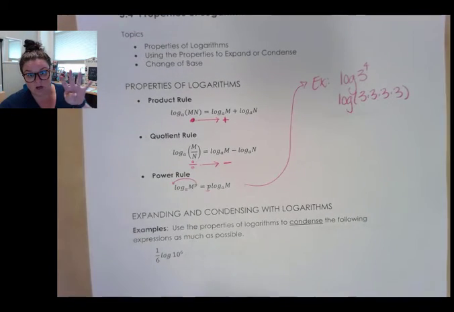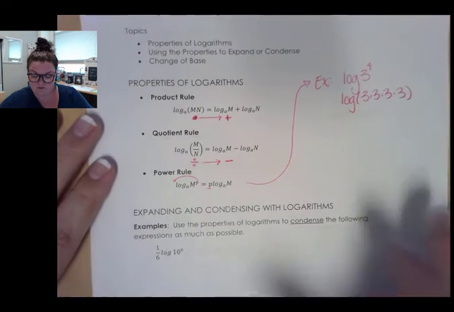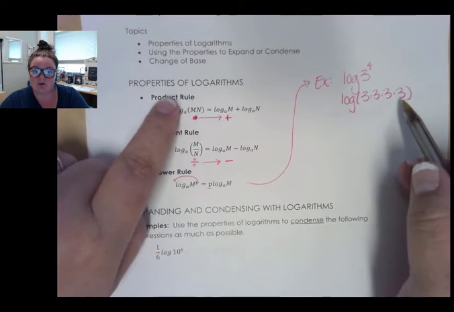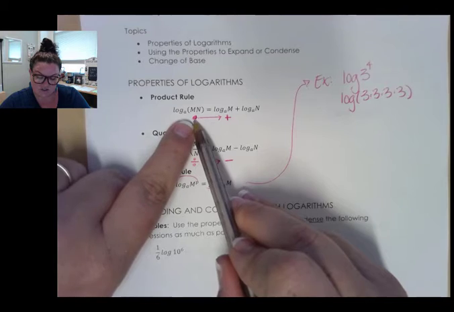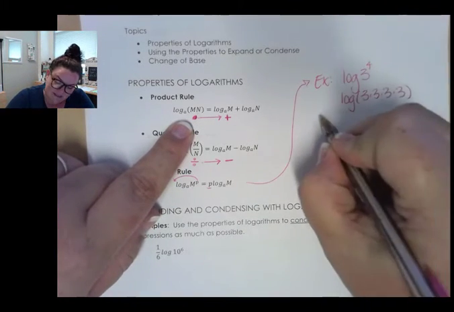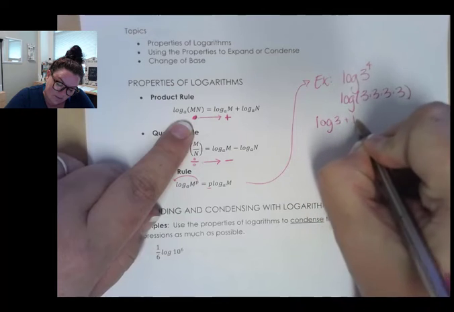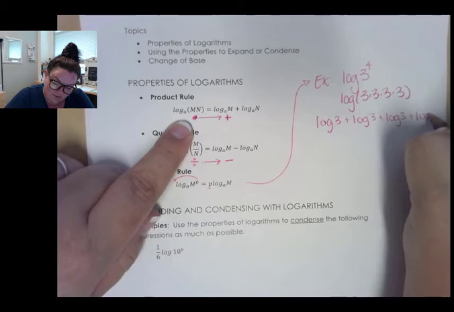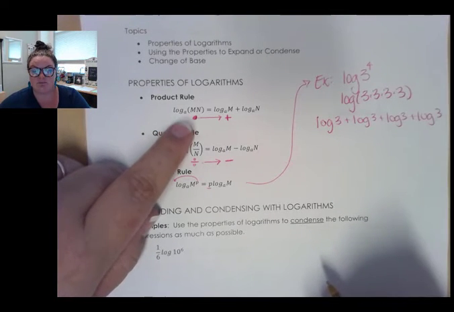You have 4 copies of that 3. So that is a multiplication, and we know that multiplication turns into addition of terms. So I could write this as log 3 plus log 3 plus log 3 plus log 3, using my product rule.